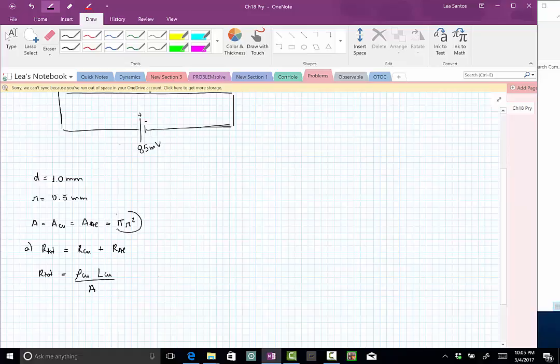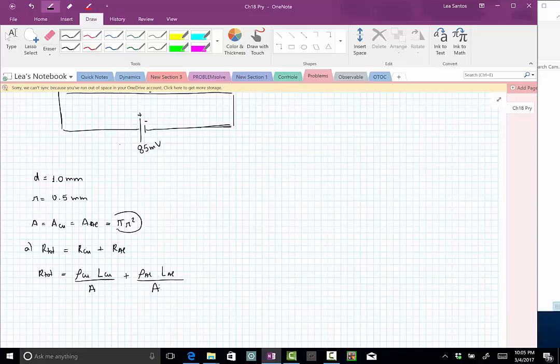We already obtained it here. For the piece of aluminum, I will have to look in a table for the resistivity of aluminum, the length for the aluminum, which is 5 meters, and divided by the area. So that's what we need to find the total resistance.